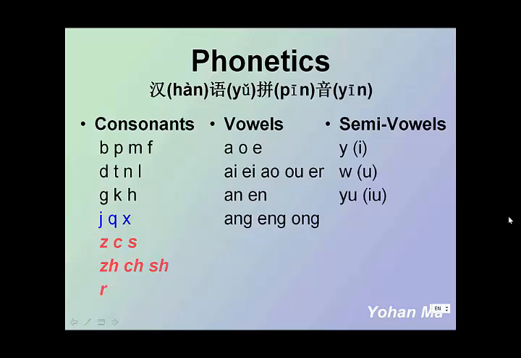We compare with the three letters above: z, c, s. With an H behind, it should be zh, ch, sh. The tongue is curled backward.